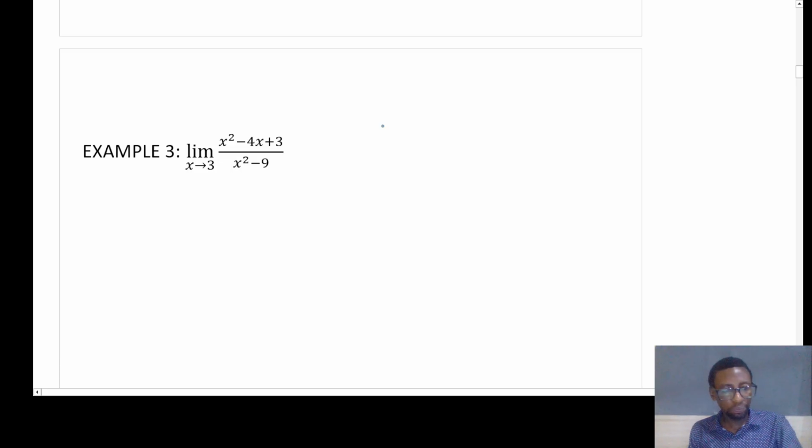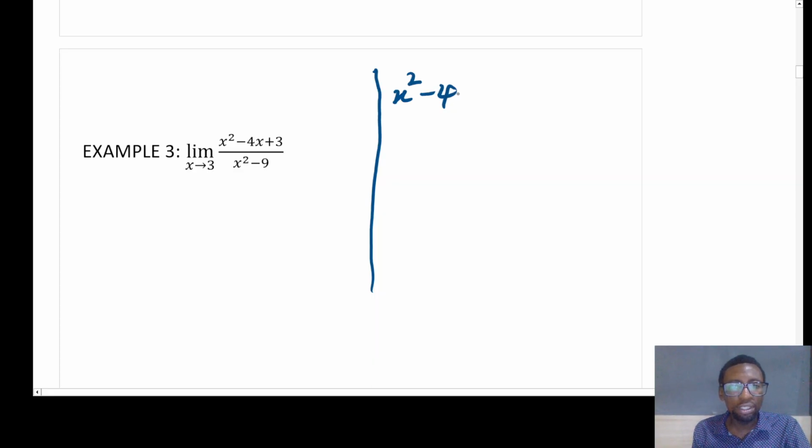Example 3. We are looking for the limit as s tends to 3 of s squared minus 4s plus 3 over s squared minus 9. Now this is a quadratic expression, so I will see if I can simplify it. Obviously, I can. How will I simplify s squared minus 4s plus 3? Don't forget, we have explained this before.